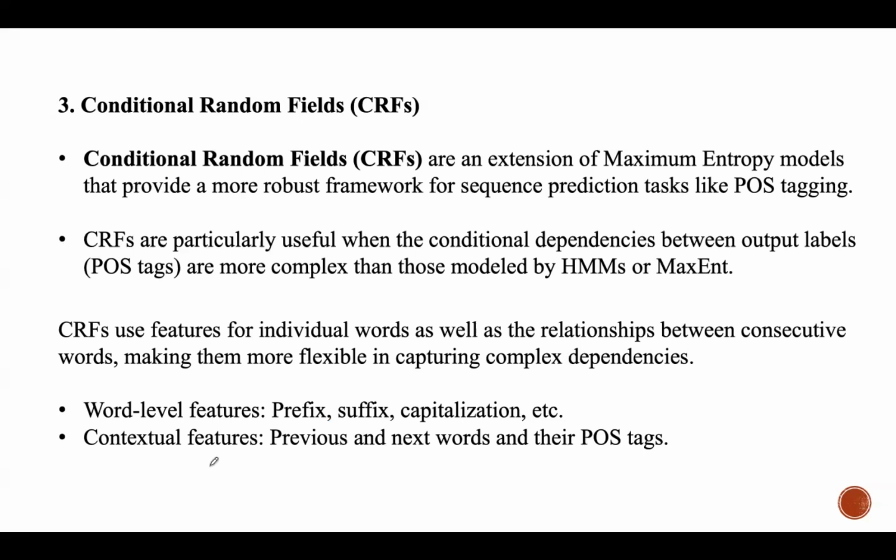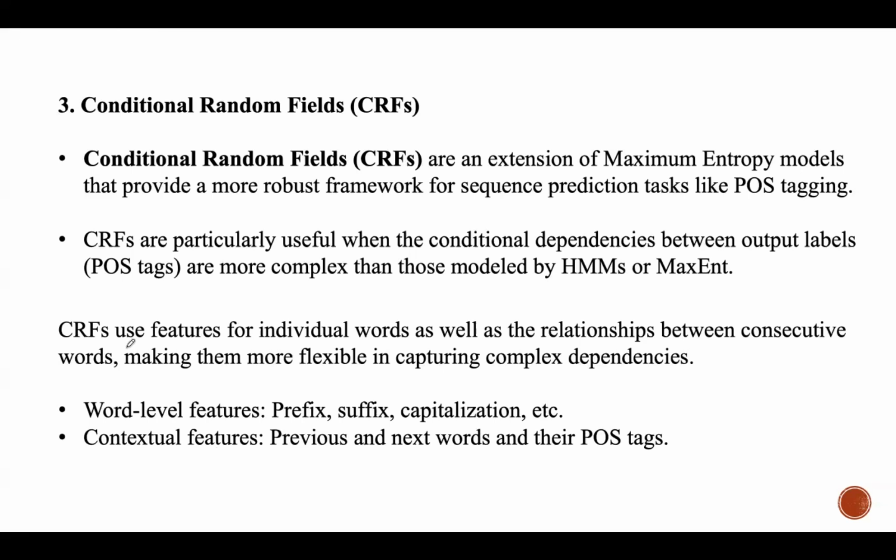Conditional random fields do not assume independence between the tags and are able to capture long-range dependencies and complex feature interactions also. They are trained using a technique called maximum likelihood estimation and use gradient-based optimization. In POS tagging, the conditional random field model predicts a tag sequence by maximizing the conditional probability of the tags given the words in a sentence.